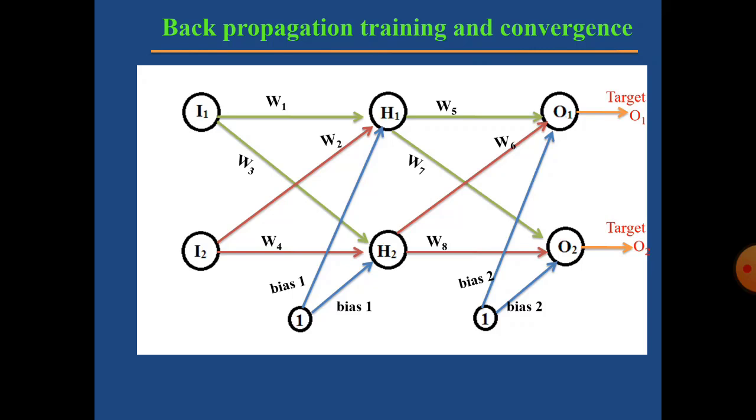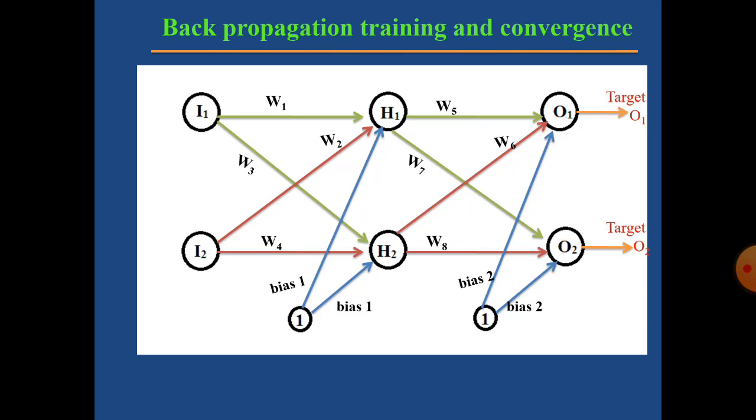So backpropagation is the method of fine tuning, meaning adjusting the weights of a neural network based on the error rate obtained in the previous iteration. Here we are going to perform a number of iterations.